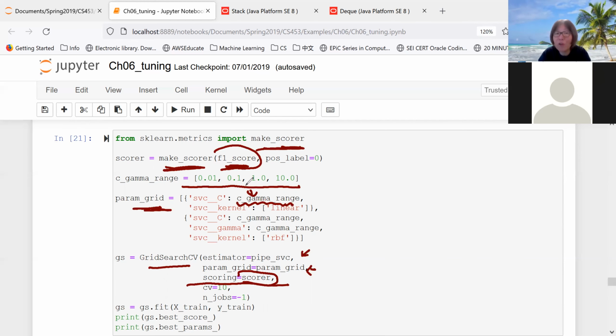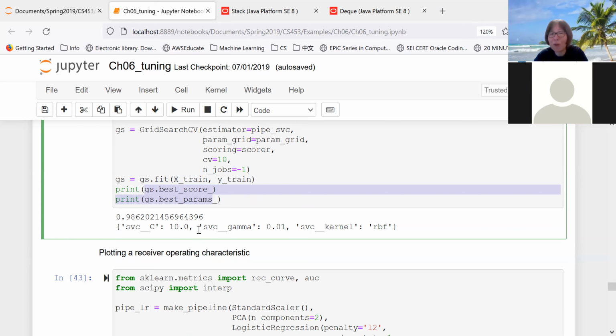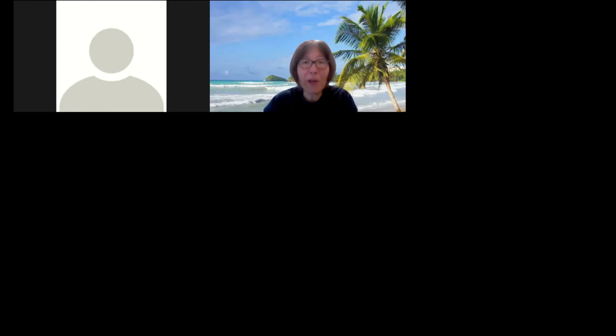So here it says, okay, I'm going to use F1 score instead of regular accuracy. Then you can train the model, and then you can collect the score and the hyperparameter tuning. So that's regarding grid search, those concepts.